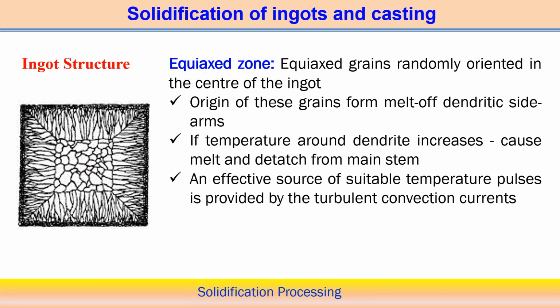So in the equiaxed grain zone, the origin of these grains is basically the melt-off of dendritic side arms. Because of the high convection current, a certain part of the dendritic arm breaks or melts off. Heat transfer occurs from solid to liquid, the temperature might increase locally, and that tries to melt the dendritic arm.